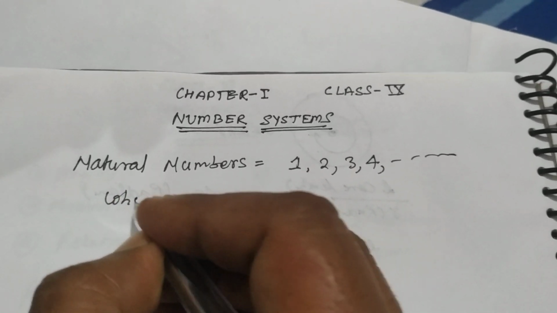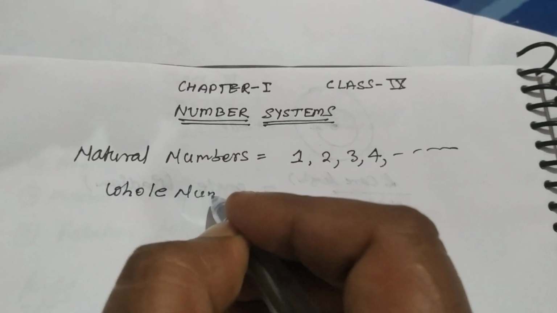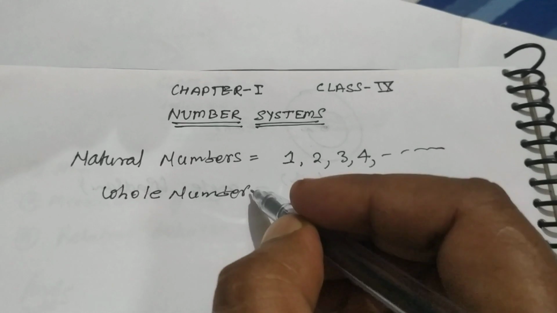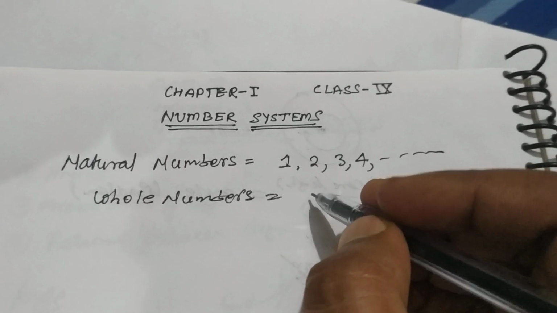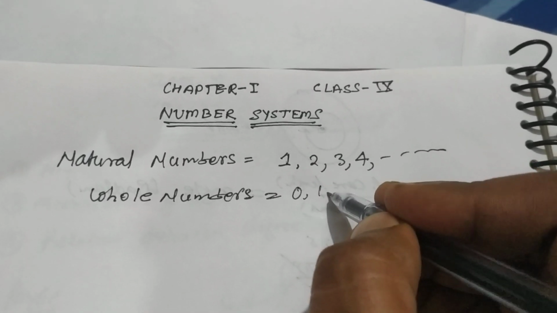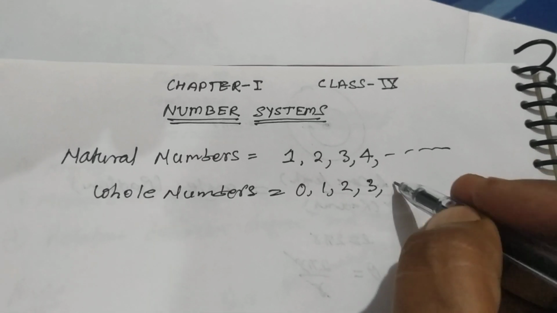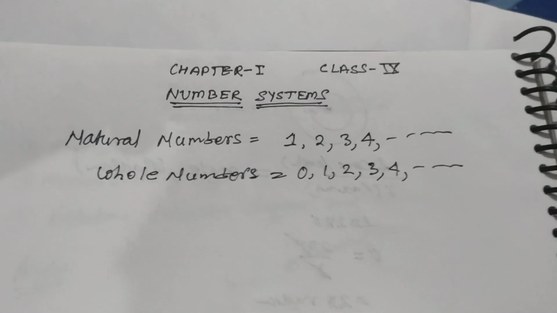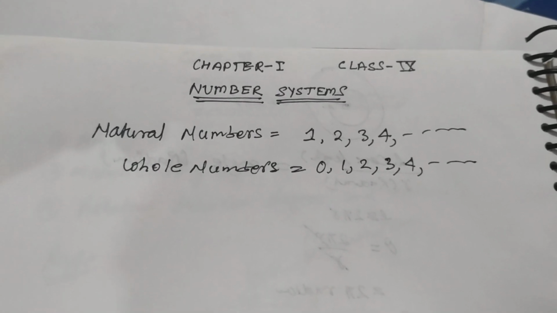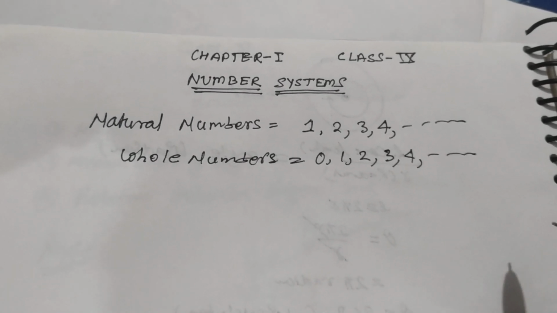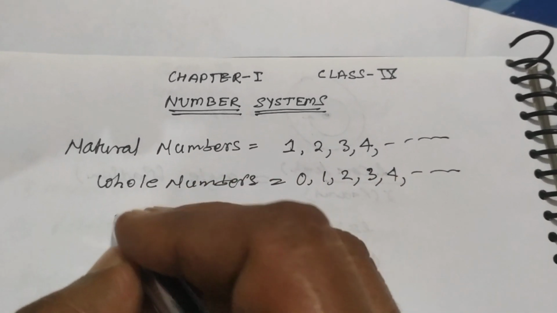The second one is the whole numbers. Whole numbers start from 0. This is 0, 1, 2, 3, 4 and dot dot dot to infinity. And the third one is the integers.